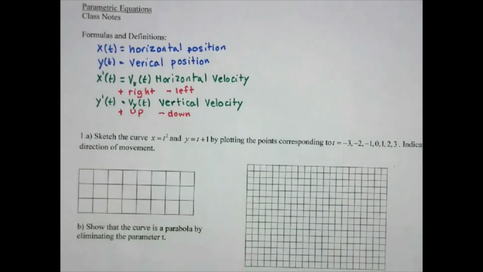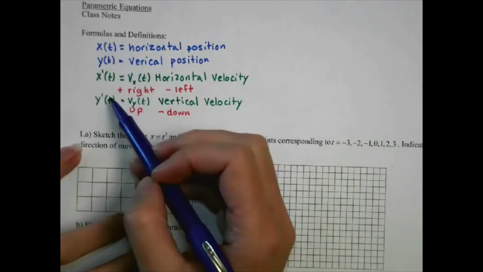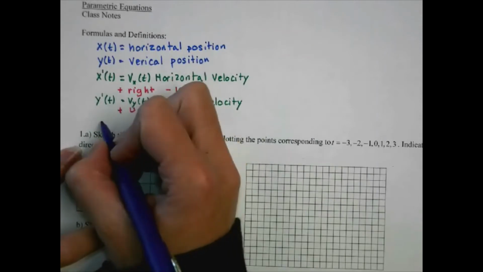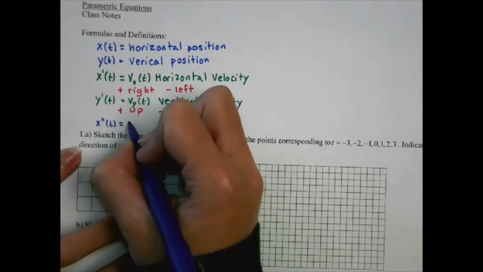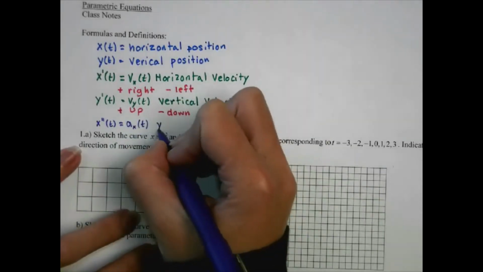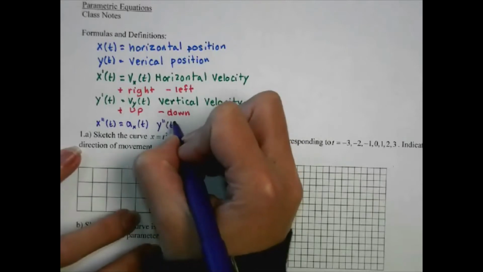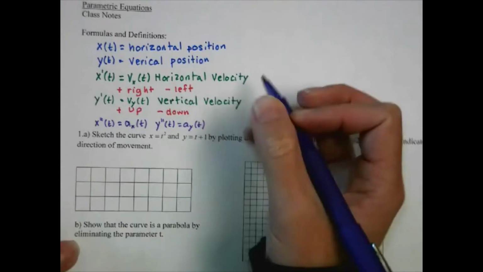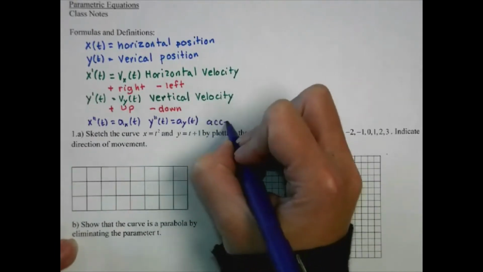And then lastly, the second derivative of position, the first derivative of velocity, is going to be your acceleration. So these will be your accelerations.